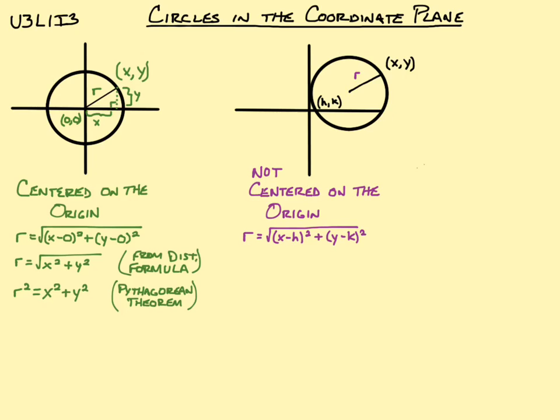Notice that the x and y haven't changed, but the h and the k, or the center, has changed. That second part of each of those brackets is the center of the circle.